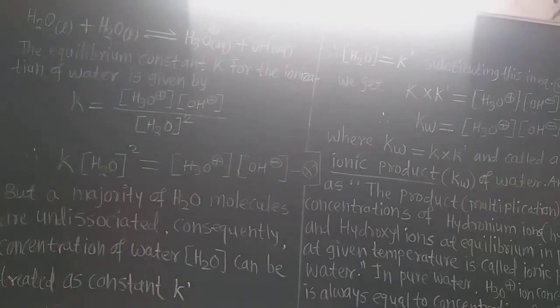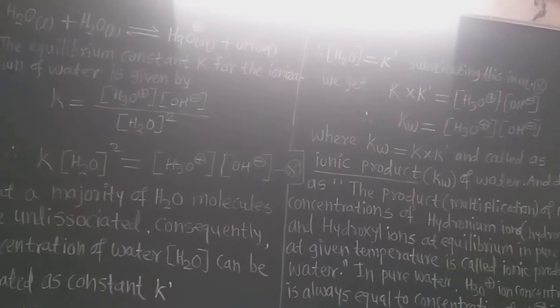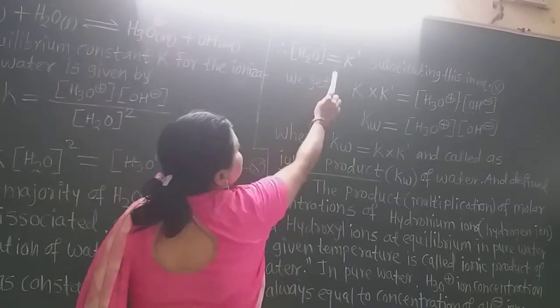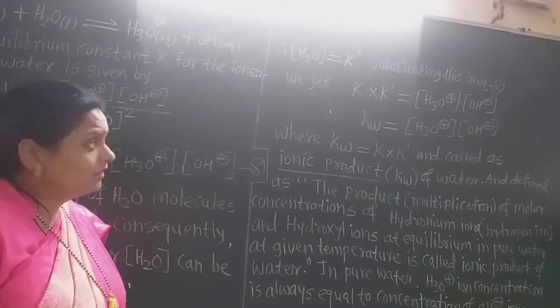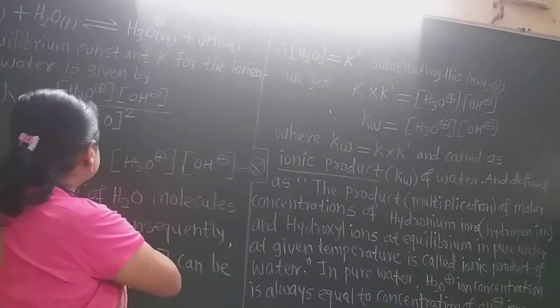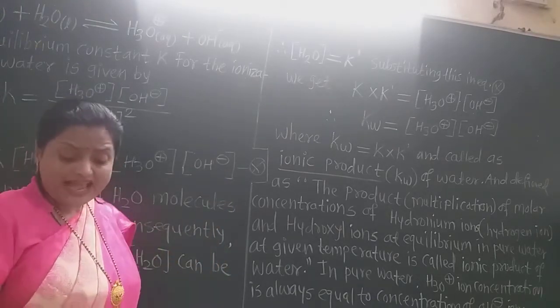So if we take the concentration of undissociated water molecules as K dash, then how does equation X become? Let us see on the blackboard. Now take the concentration of water as K dash, substituting this value in equation X, H2O bracket square as K dash.